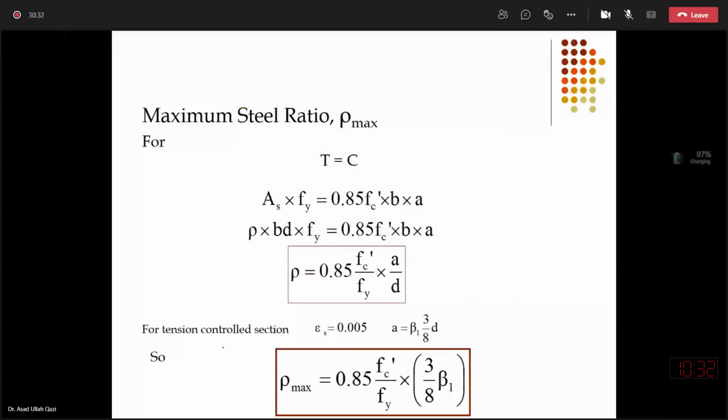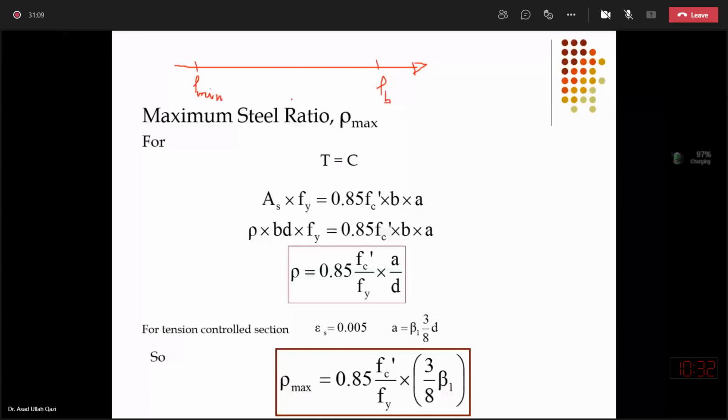Now, in the discussion we made on cross sections, I have drawn one rho scale in which the maximum rho was rho balanced, and the minimum we are going to discuss on the next slide is rho minimum.